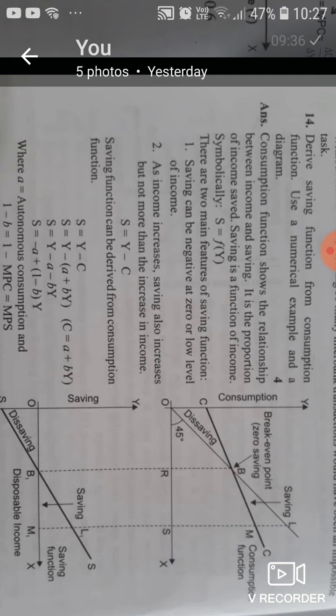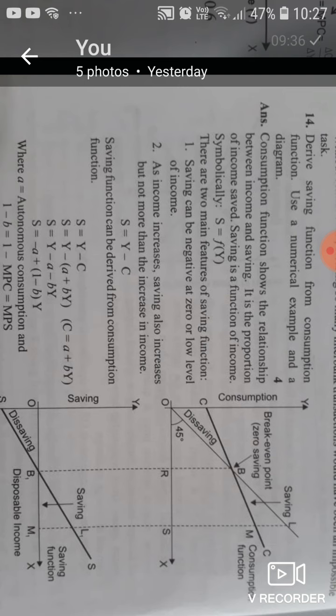So saving is income minus consumption. So we will just put the value of consumption function A plus by. A is C bar, B is MPC, propensity to consume. Now we will just open the brackets and we will get the saving function.